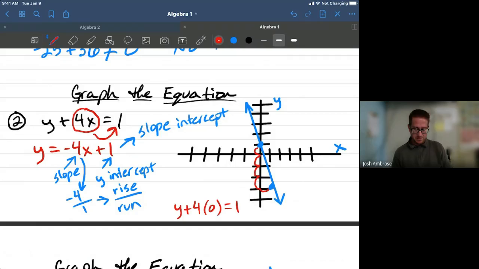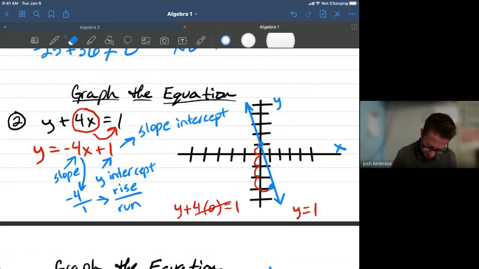You see how the 4 times 0 would cross out, and you would just be left with y equals 1. Take a look at the graph. Don't we already show y equals 1? We showed it right there. Okay, in fact, let's do our little pointer. We showed it right there.